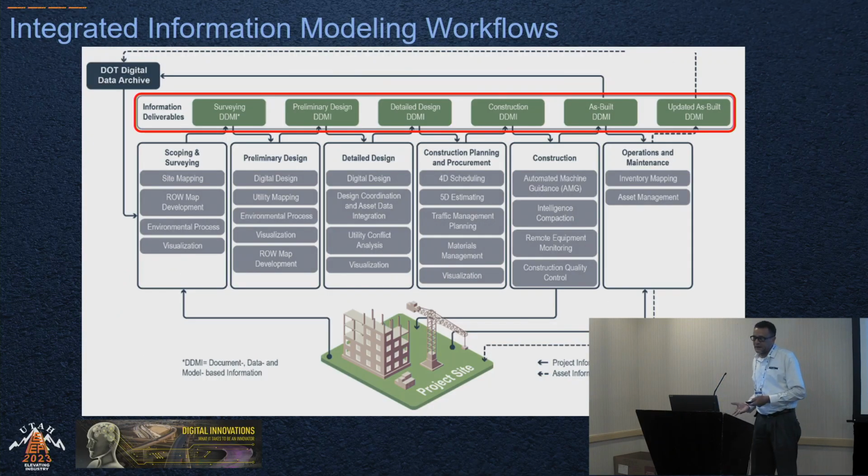So with an integrated information modeling workflow, DOTs have digital data archives, but the information deliverables are what is key to us: document, data, and model-based information. So we have project information and asset information, so we have PIMs and AIMs, right? They're two totally different types of models.